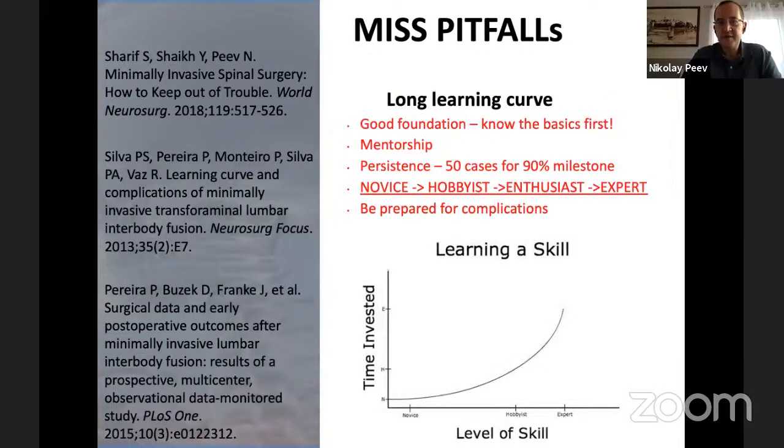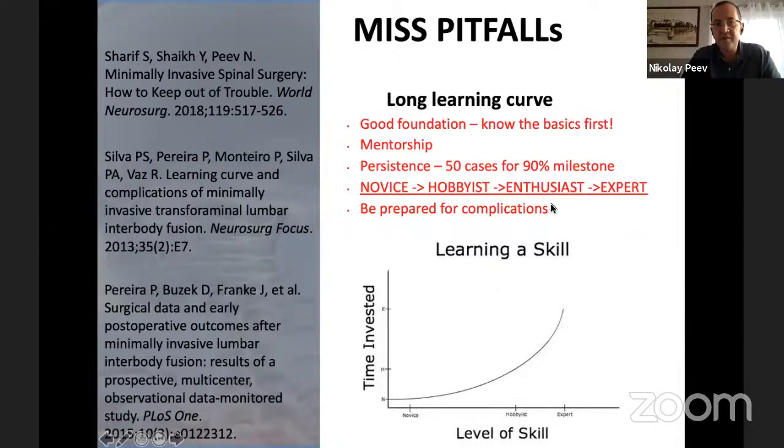Everybody speaks about a long, steep learning curve, but I'm not sure all of us understand what exactly and why the learning curve is steep. This slide demonstrates why. As you can see, initially the curve goes horizontal and you achieve your initial experience, but you have to go through all these stages of being novice, hobbyist, enthusiast, and finally expert.